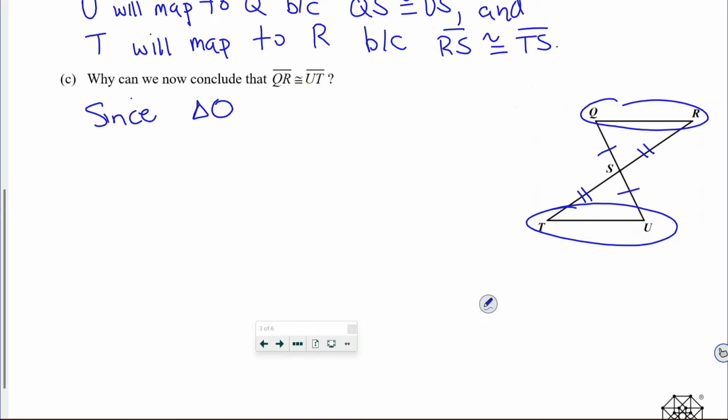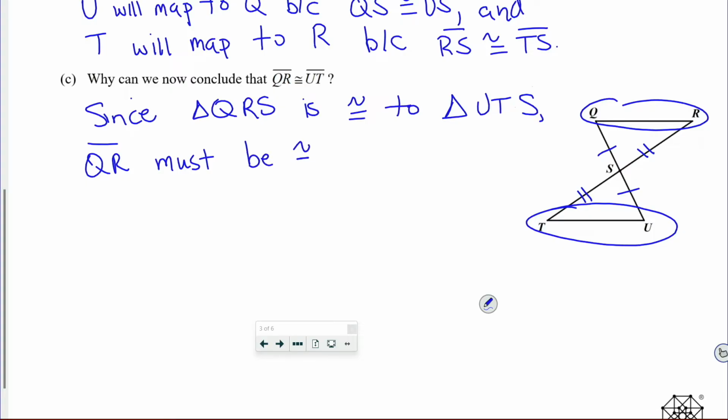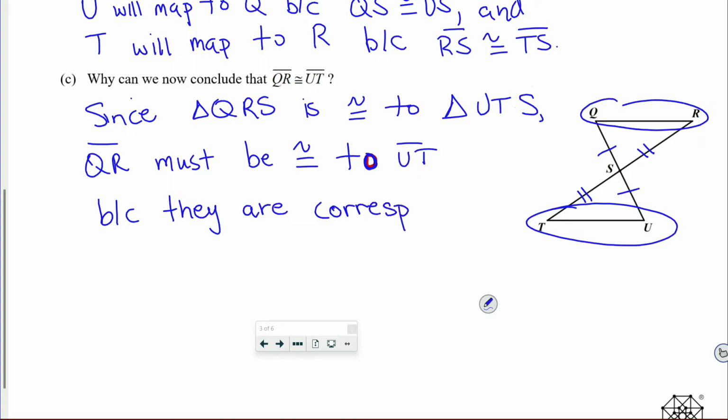Since triangle QRS is congruent to triangle UTS, QR must be congruent to UT because they are corresponding sides.